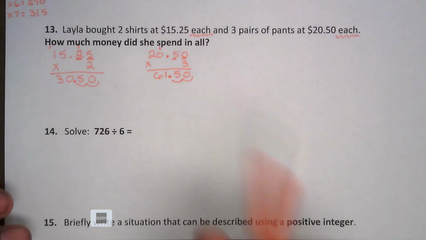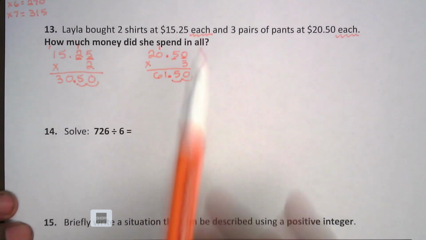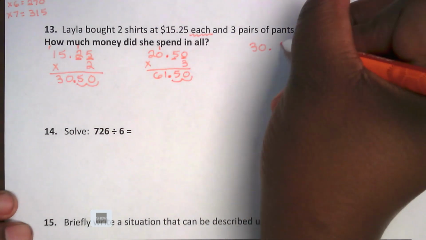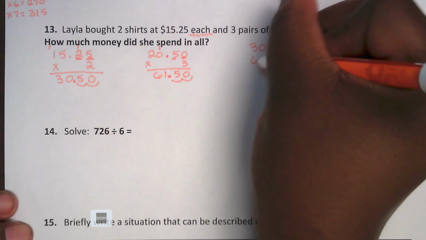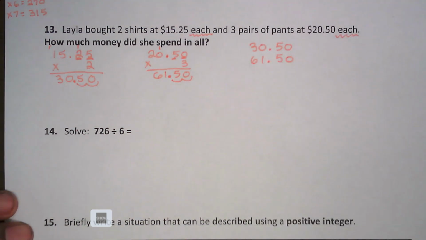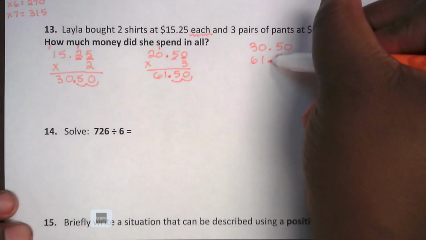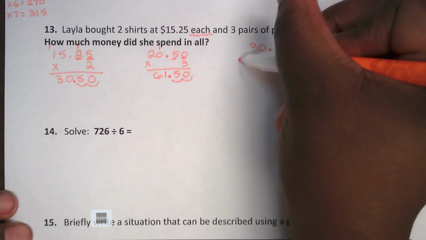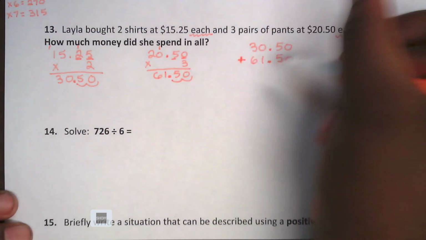Well, I need to see how much did she spend in all. So this means I'm adding the price of the pants with the price of the shirts. And remember, now that we're adding decimals, I need to make sure my decimal points are lined up with my numbers as well.